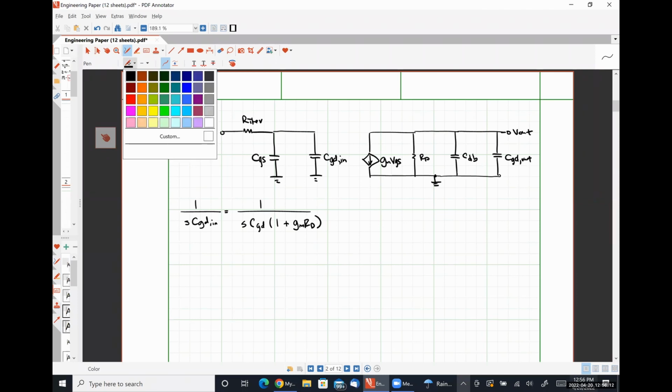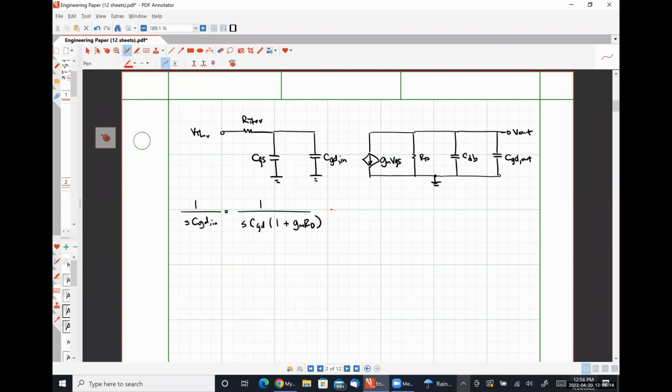So to be clear here, this is ZGD divided by 1 minus negative GMRD.